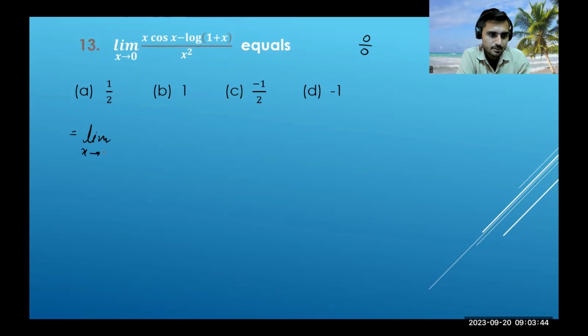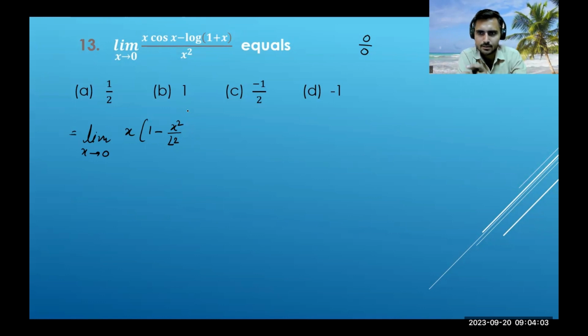Limit x tends to 0, x into the expansion of cos x, which is 1 minus x square upon factorial 2. We'll just write two terms because the remaining higher powers will become 0, as we have a limit x tends to 0.